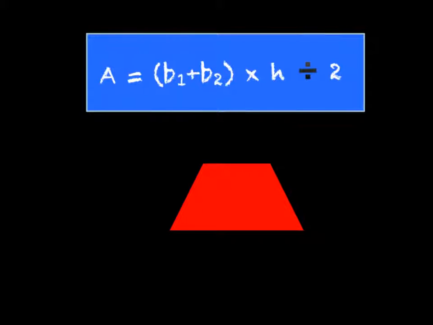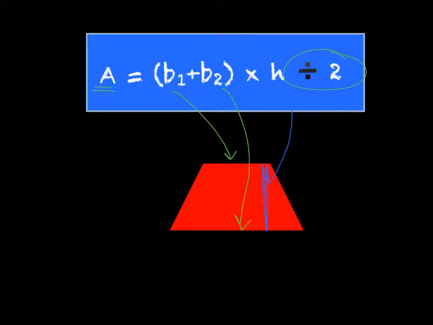So now we definitely have a formula. The area of my trapezoid is going to be base 1, let's say this base right here, plus base 2, let's say this base down here, times the height, which is this measurement right here, straight up and down, and of course divided by 2. So there's my formula.